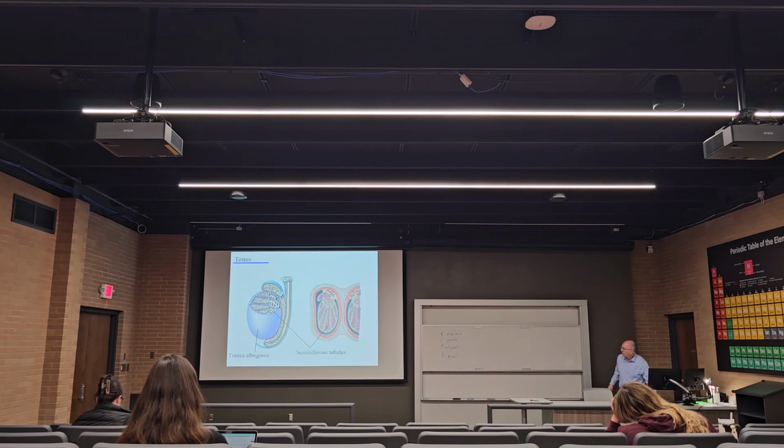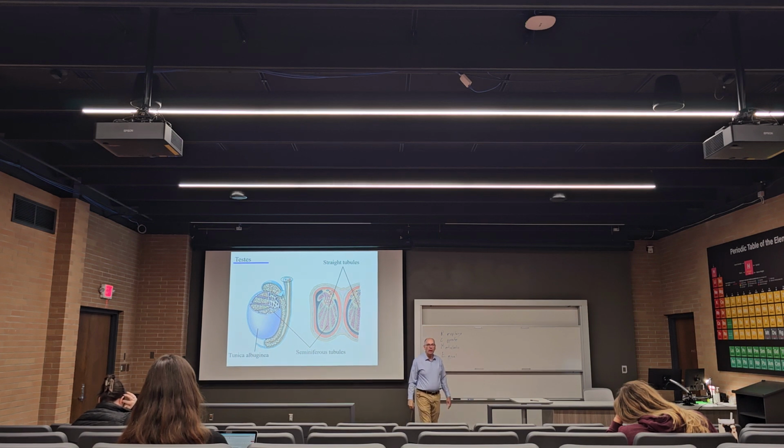Okay, those are the seminiferous tubules, and you can see each one is contained within its own little chamber. Coming out of the seminiferous tubules, we have what are known as straight tubules, or tubuli recti in Latin.